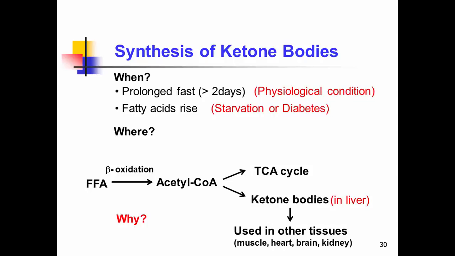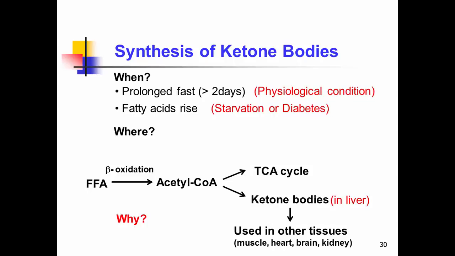Or diabetes. In diabetic patients, they will also have very high levels of fatty acids in the circulation. So the liver picks up fatty acids and makes ketone bodies in the liver. So again, ketogenesis not only occurs in the fasting physiological condition, but also in a disease condition, right? The diabetic condition.